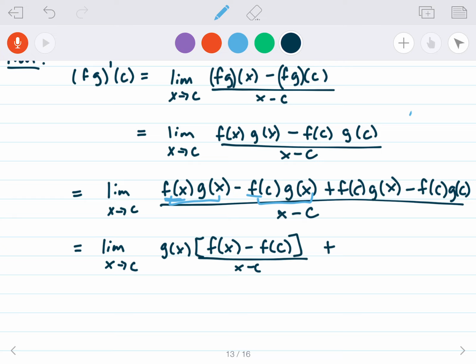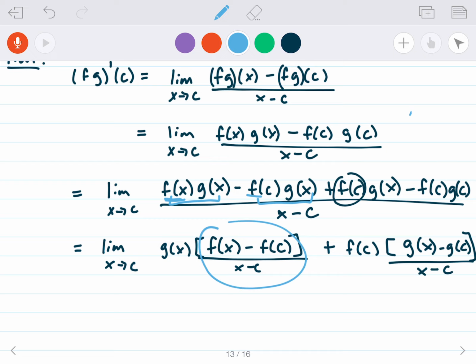And then over here, I can factor out an f of c. If I factor out an f of c, I get g of x minus g of c. Okay, so now I'm good, because what is this? This is f prime of c. This guy is g prime of c.